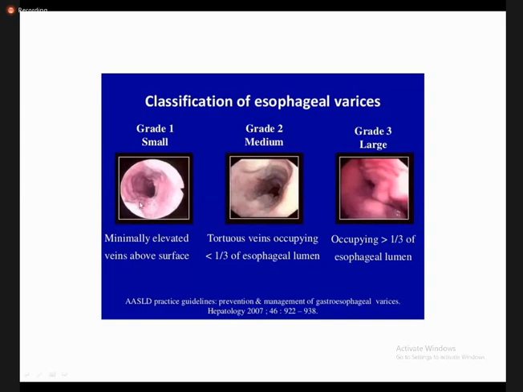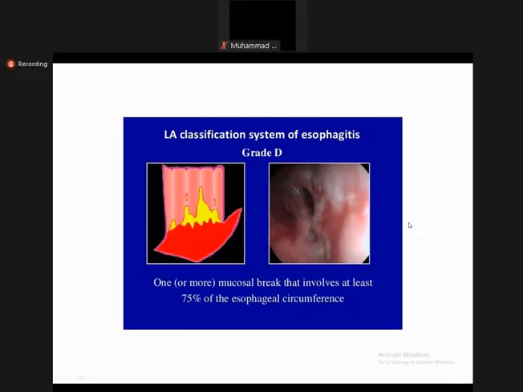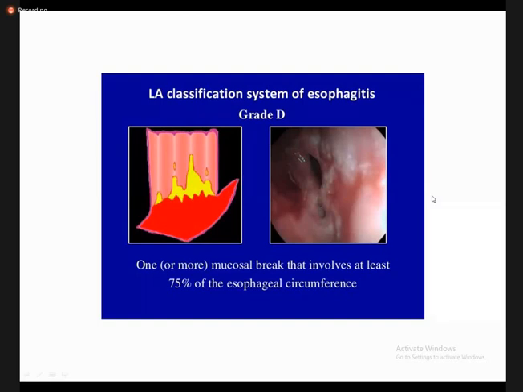So in this figure, we have small varices, medium varices, and large varices, that is almost occluding the lumen of the esophagus. Then I am showing you a few of the pictures of causes of the GI bleed when we do endoscopy. First, we diagnose the cause and then we treat.